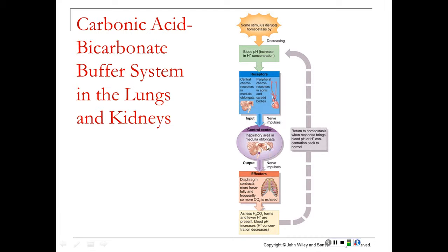So your medulla oblongata is going to sense that and change your rate of breathing. Your diaphragm is going to contract more forcefully and more frequently. Your rate and depth of breathing is going to increase, so you're getting rid of more of that carbon dioxide. Less bicarbonate ions are going to form less hydrogen ions. The blood pH is then going to increase and go back to normal. Your hydrogen ion concentration is going to decrease, and then you get back to homeostasis.